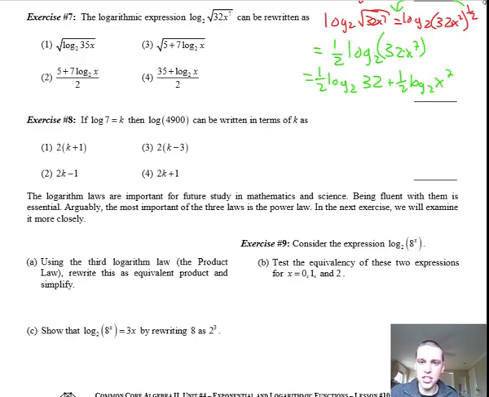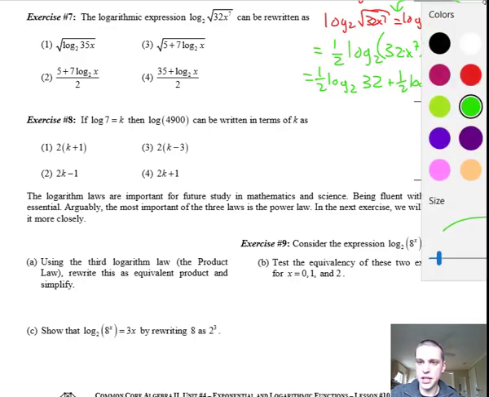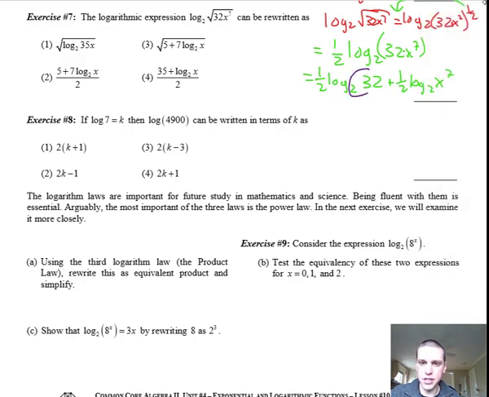Now I notice that this is only numbers right here. So I'm going to think to myself, 2 to what power gives you 32? Well, 2 squared is 4, 2 cubed is 8, 2 to the 4th is 16, 2 to the 5th is 32. So I know this is 1/2 times 5.